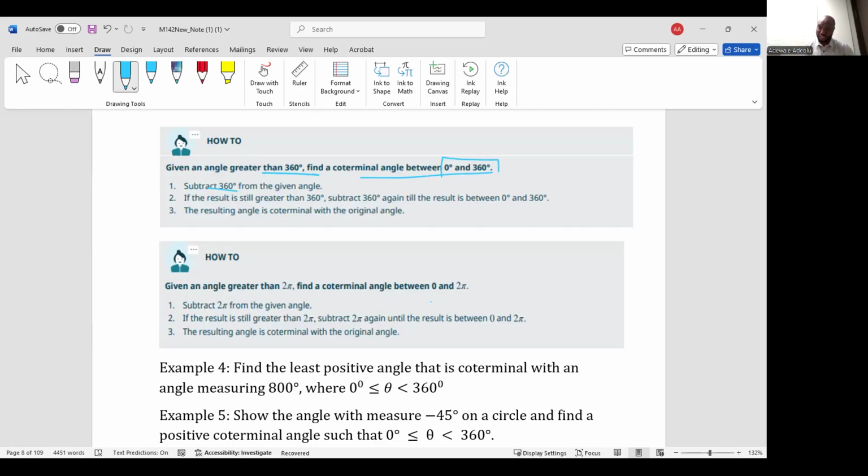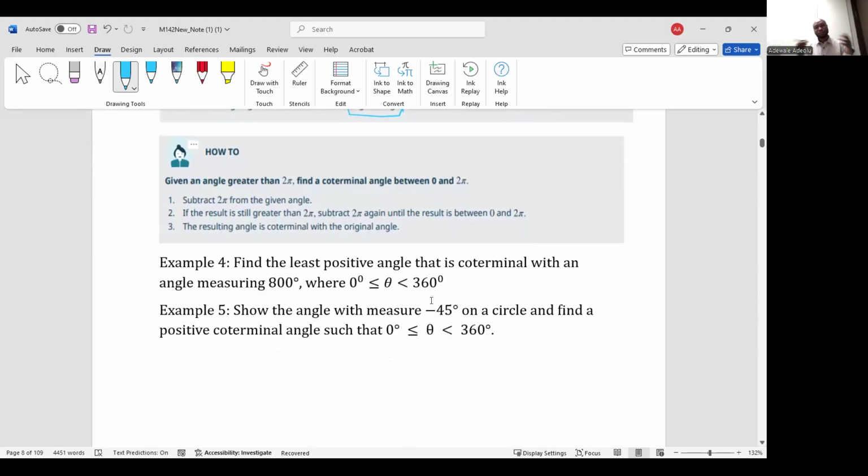If the result is still greater than 360, subtract 360 again, until you fall within this range. So we claim that the resulting angle is coterminal with the original angle. What if your angle is in radians? If it is in radians, then instead of using 360, you use 2 pi. So that is just that.